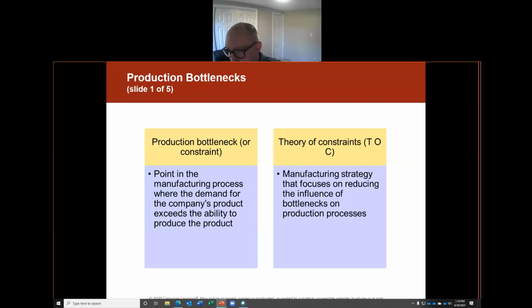The same concept applies in manufacturing. Sometimes the demand is so high that the manufacturer can't keep up. An example of that is toilet paper during a pandemic. Demand goes so high because everyone freaks out and the manufacturers can't keep up. That caused what we call a production bottleneck.